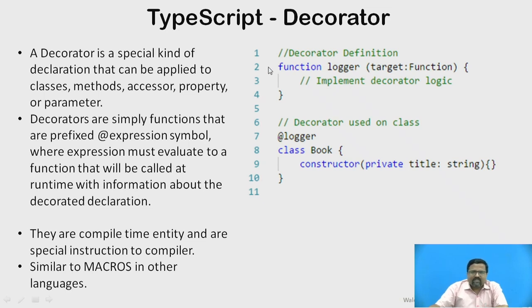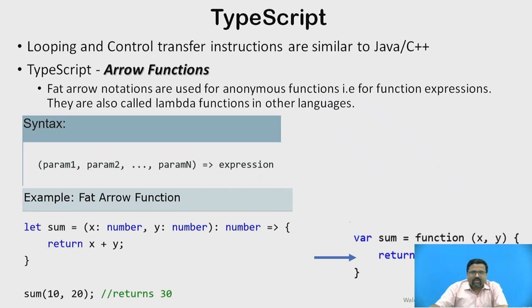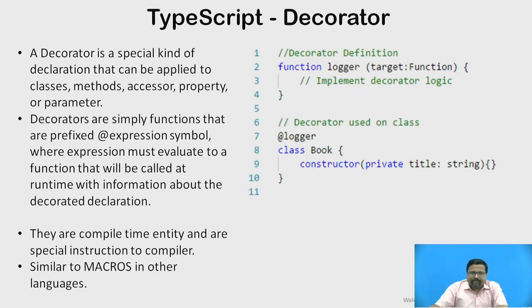Again, this is a feature of TypeScript, but Angular heavily uses decorators, so we need to understand them. We will go into decorators in detail with certain examples. At this point of time we are just doing the introduction, and only looking at what features are new to TypeScript.